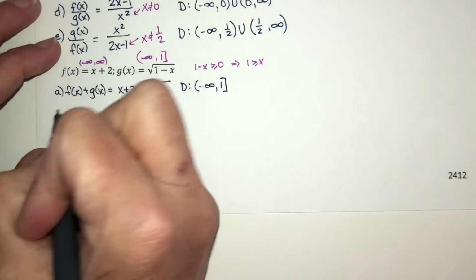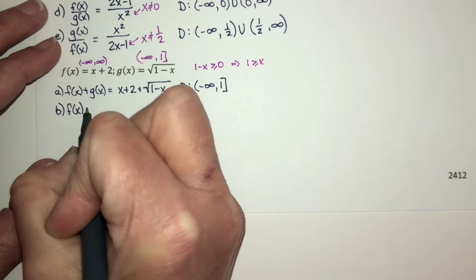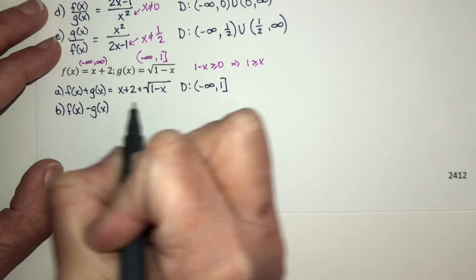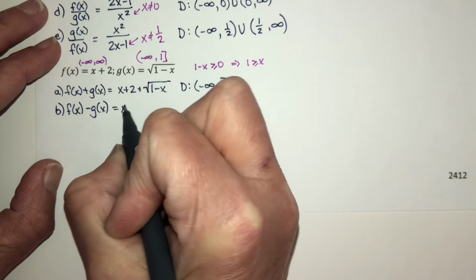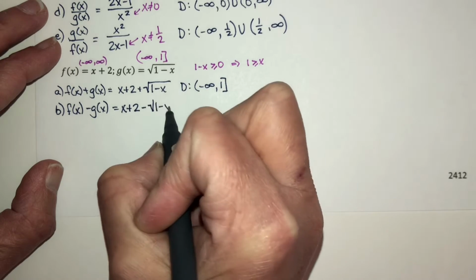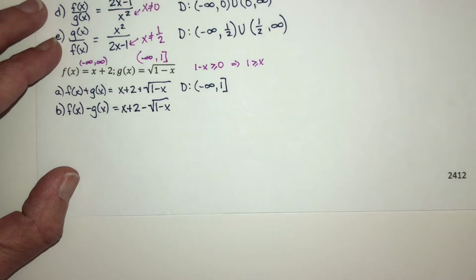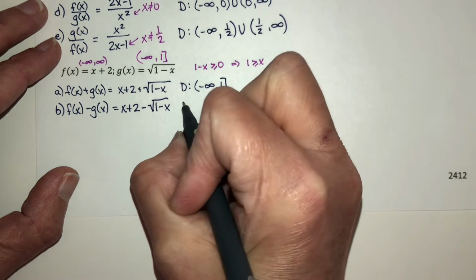Okay. Now for part B, subtraction. F of x minus g of x is going to be x plus 2 minus the square root of 1 minus x. And again, no additional issues, so the domain remains the same.